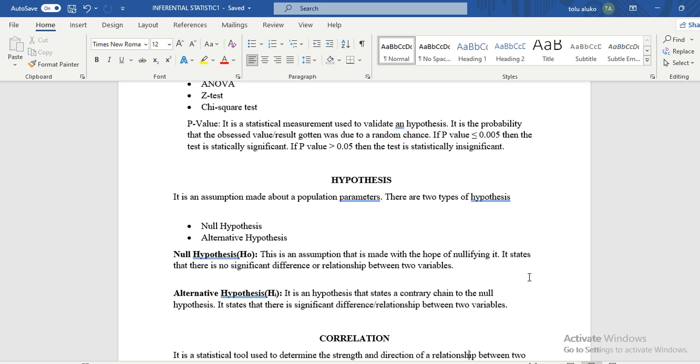It states that there is no significant difference or relationship between two variables. When we get there, you will get to know. The alternative hypothesis, of course, is contrary to the null hypothesis; it is significant. You can draw conclusions and get the relationship between two variables.